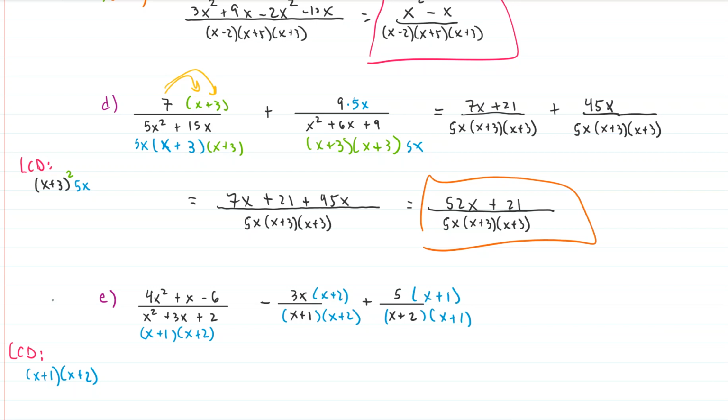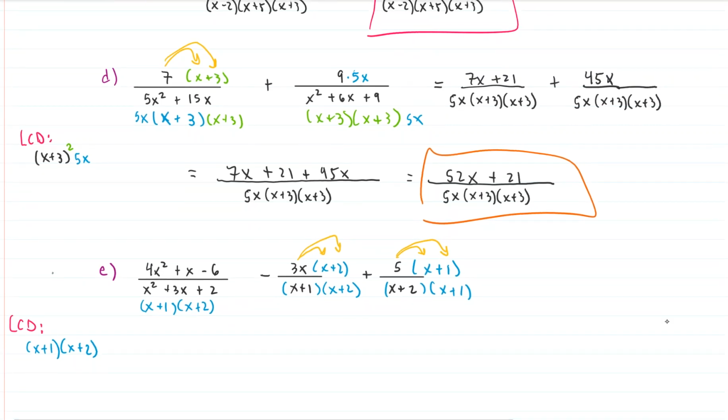Nice. We need to distribute the 3 to the x and the 3 to the 2. We'll also distribute the 5 to the x and the 5 to the 1 on the third term.